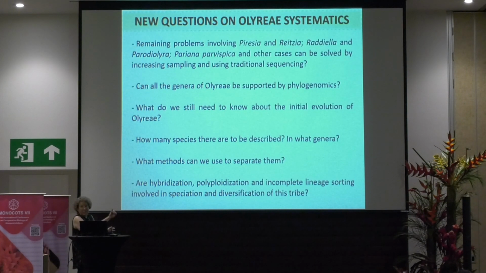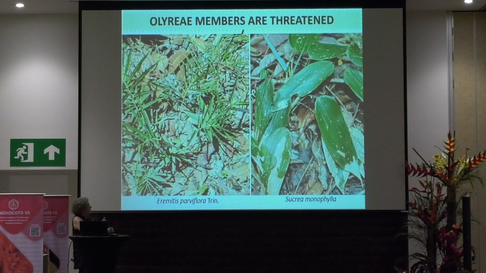So we have answered a lot of questions, but we still have some more work to do. To wrap up, we need to do it pretty quickly because the Olyreae are highly threatened. Almost all of them are forest understory plants. If you know anything about the Atlantic forest, you'll know that it is severely deforested, and that's also happening in the other places where these plants occur.